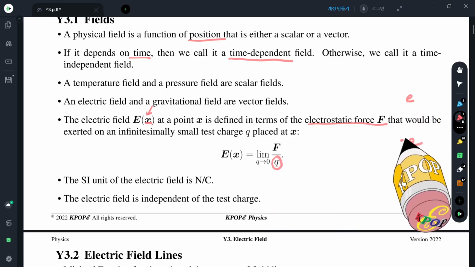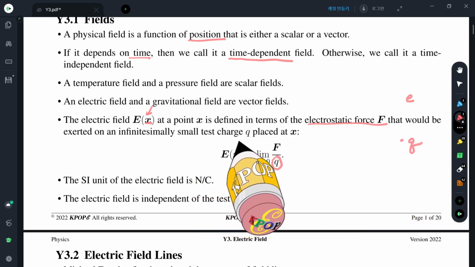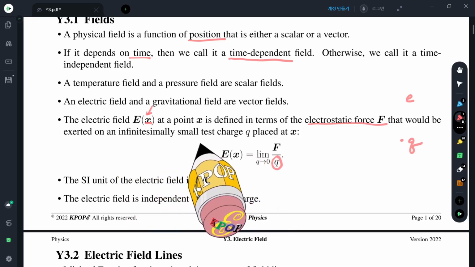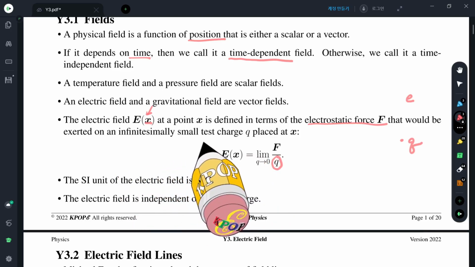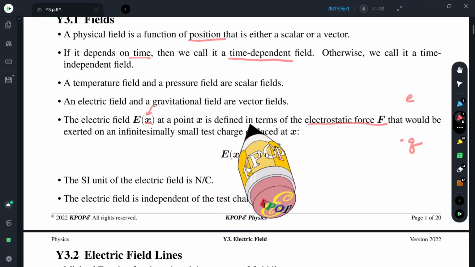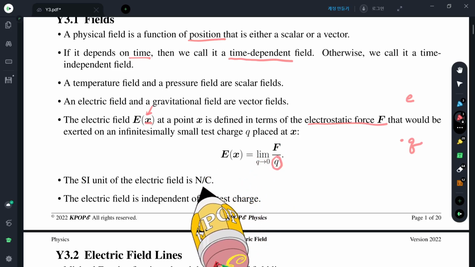The reason why we choose a test charge as an infinitesimally small charge is to not let this test charge modify the electric field surrounding that charge.